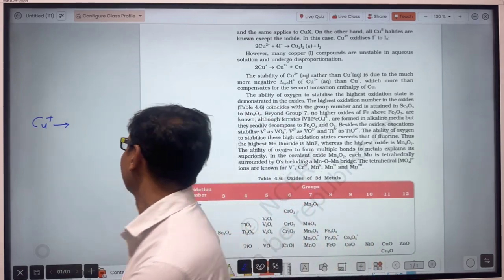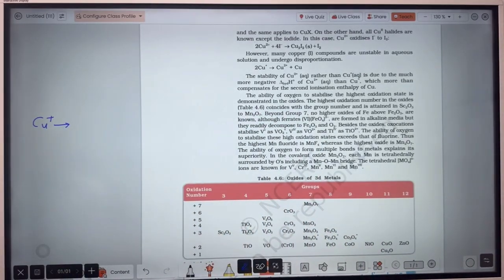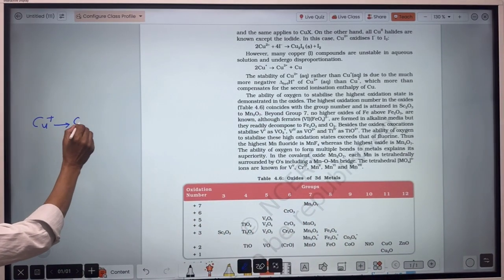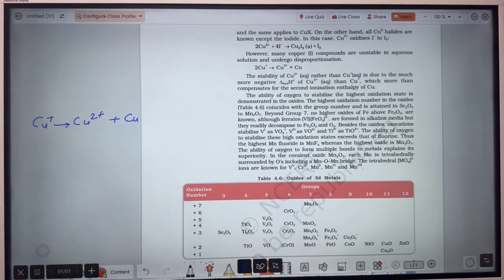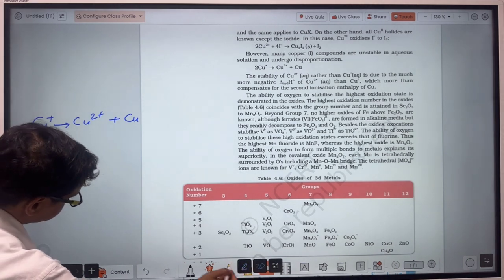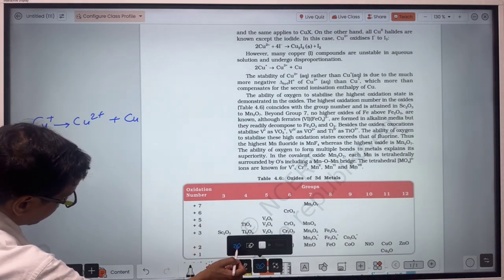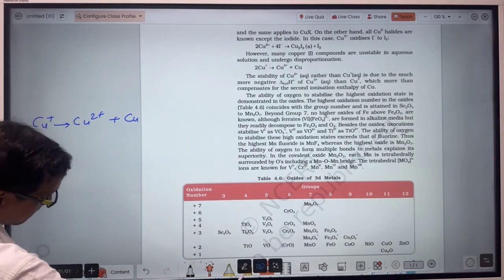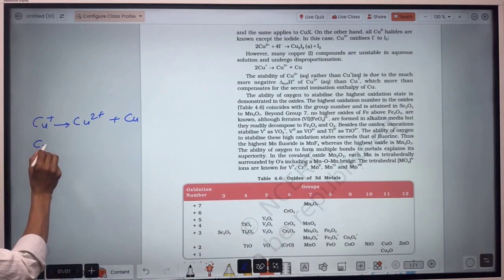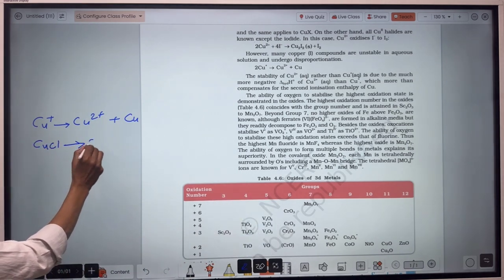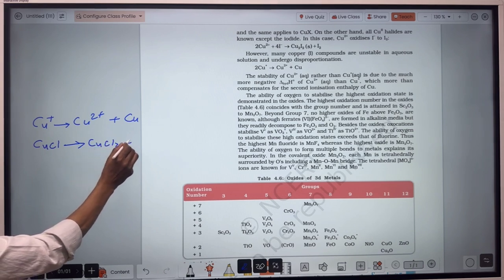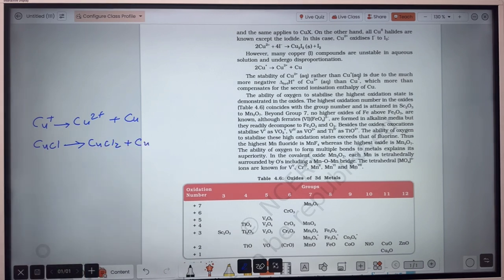Suppose there is CuCl, so that will itself give CuCl2 and copper.